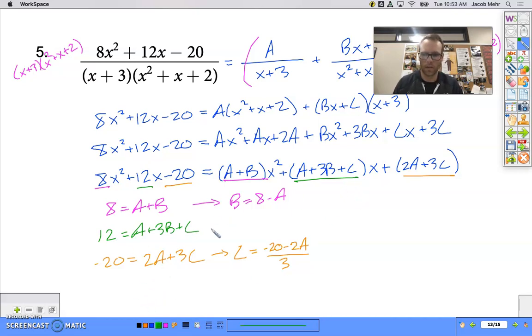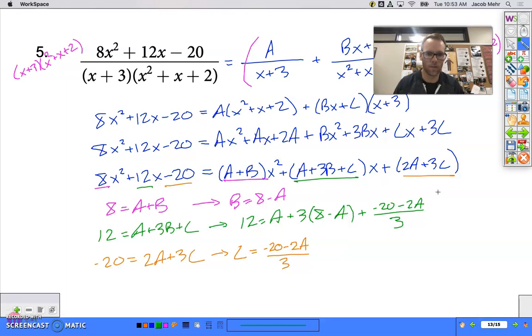So this is going to become 12 equals a plus 3 times b, so 3 times 8 minus a, plus c, which is negative 20 minus 2a over 3. And that I'll move to the next page because I can solve this for a.